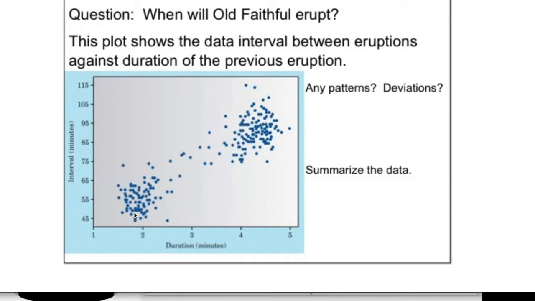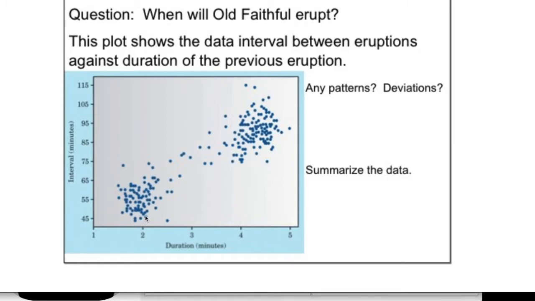If we look at our data here, on the x-axis, the horizontal axis, we have the duration in minutes. This is how long the eruption lasted. On the y-axis here, we have the interval. This is how long there was in between eruptions. It looks like, for the most part, we have two strong clusters here.